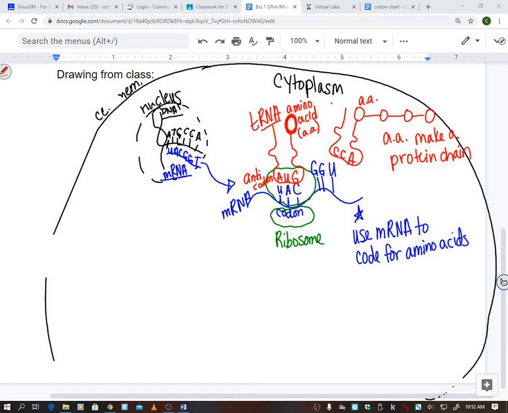Now your body is really amazing when it does this because it has a start codon and it has a stop codon. So when it knows, oh, I need to make this protein, it will go to the section of DNA that it needs, and there will be a start codon for that, and your ribosome knows that. It will start reading your DNA, and then it will hit a stop codon. And it will stop, and then your protein's done, and then it can go outside of your cell and be used however it needs to be used.